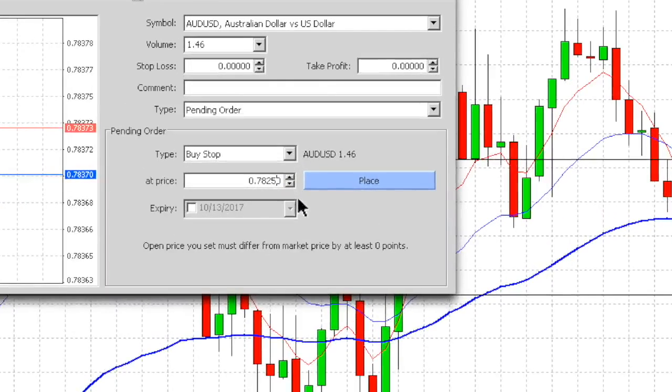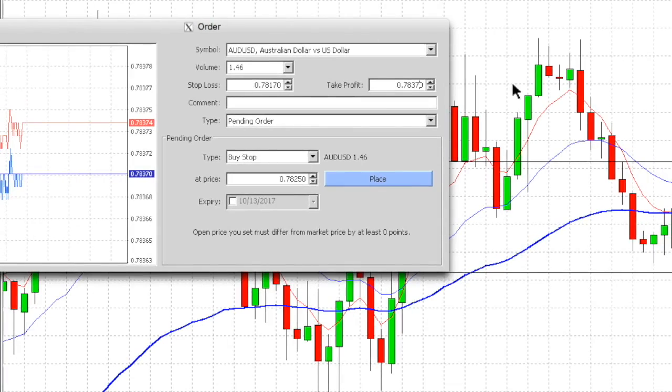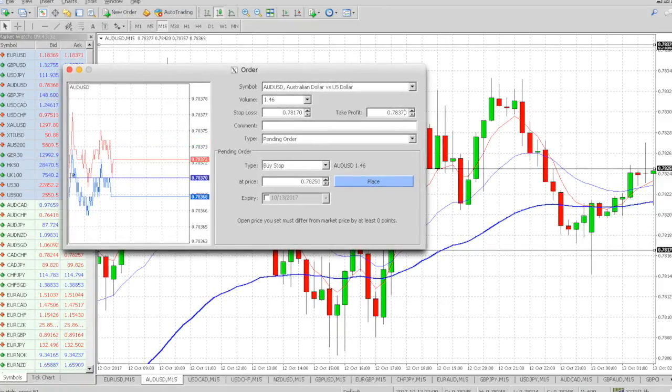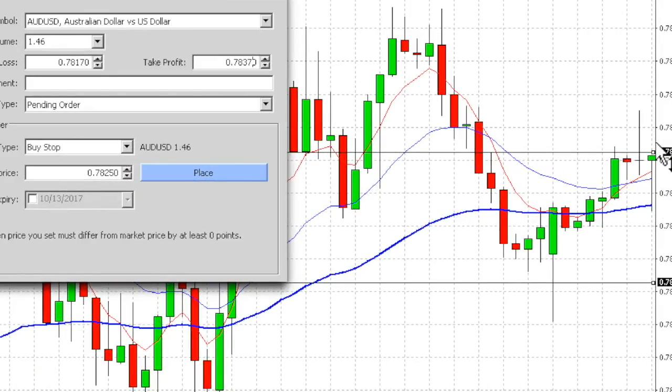My stop loss is 0.7817. Take profit at 0.7837. All right, so once you have that, place the order. And if it goes up, it triggers and you're in the trade.